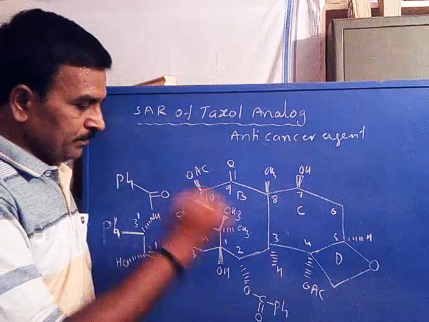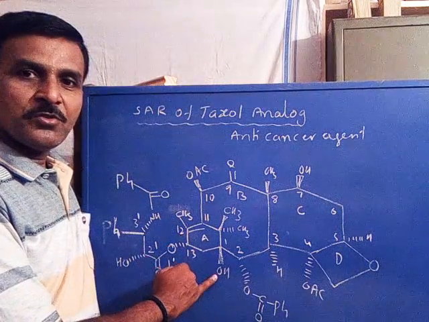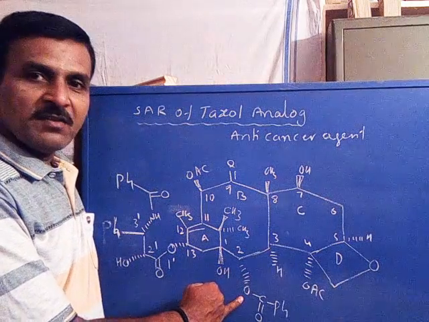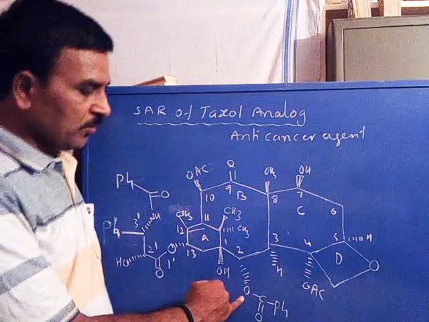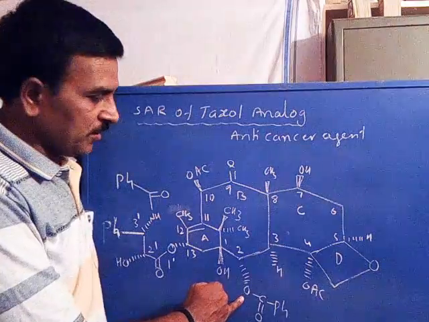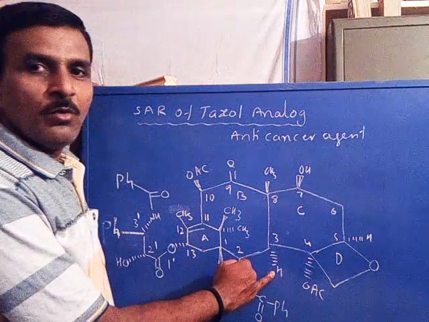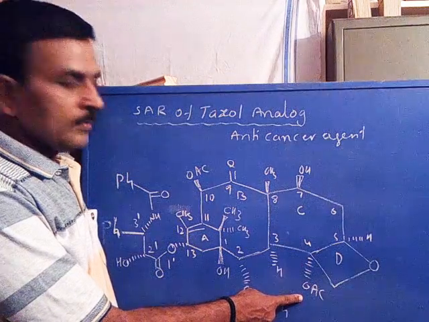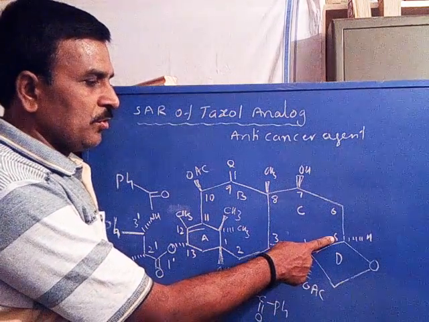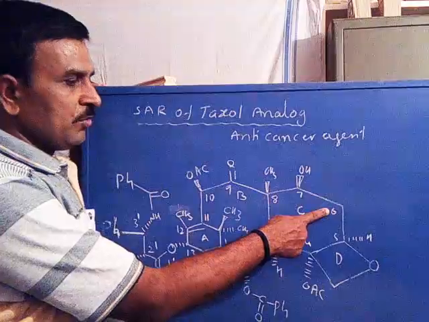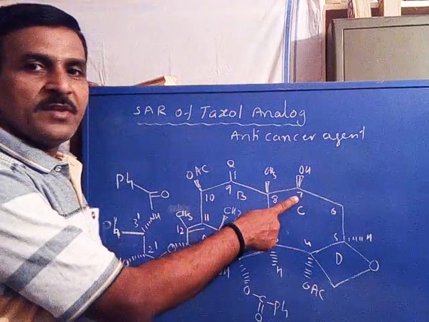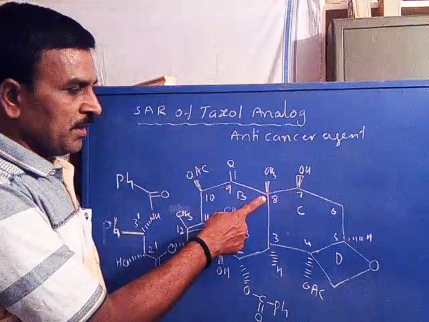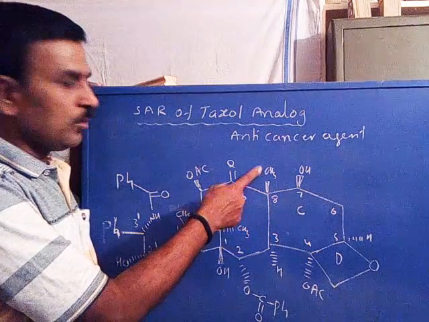Now the first carbon bears an OH group, the second carbon has a benzoyl oxy group, benzoate group, and third carbon has no substitution, fourth carbon has OAc, and fifth carbon has no substitution. There is no sixth carbon substitution. Seventh carbon has an OH substitution. Eighth carbon has a CH3 group.